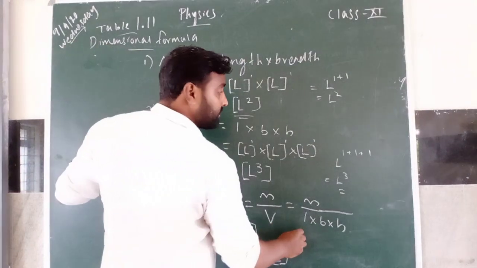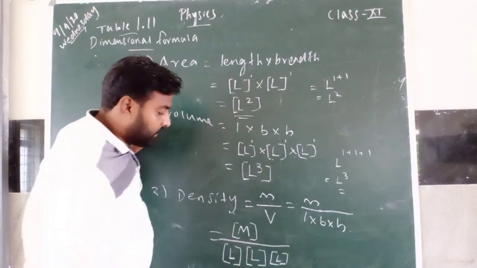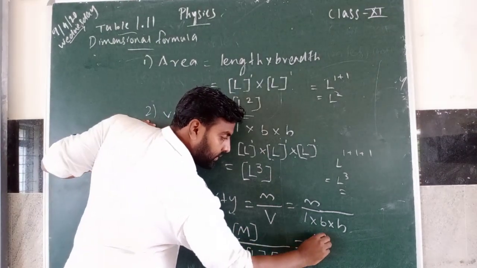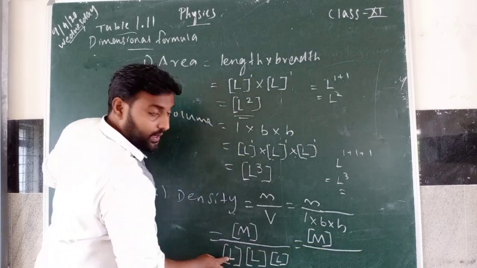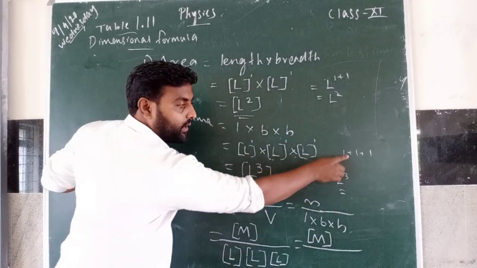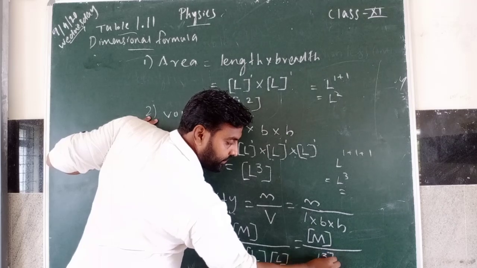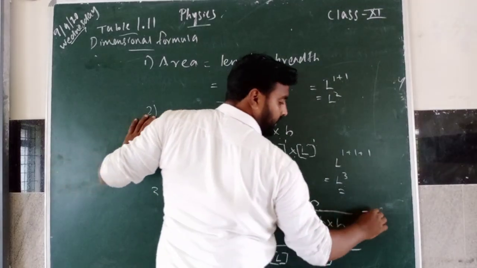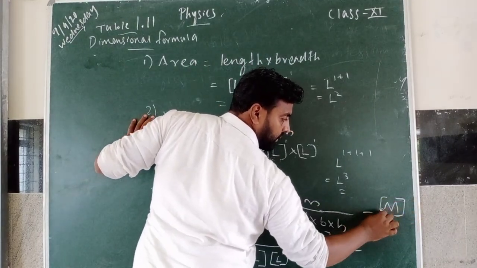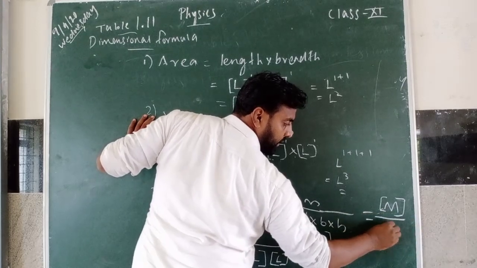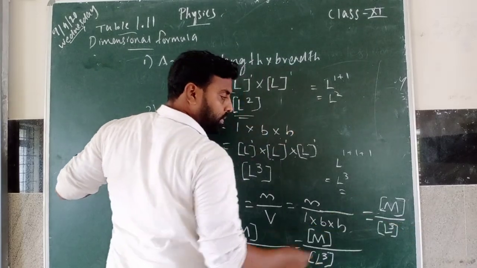Now you see, here we have mass divided by L into L into L. L into L into L is L cube. So mass divided by L cube. You can put it inside or outside, no problem.